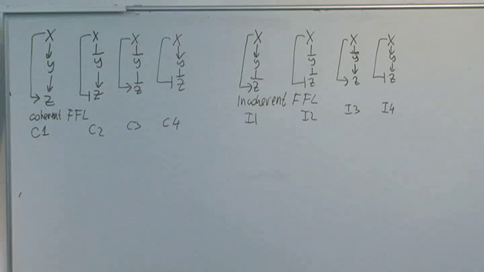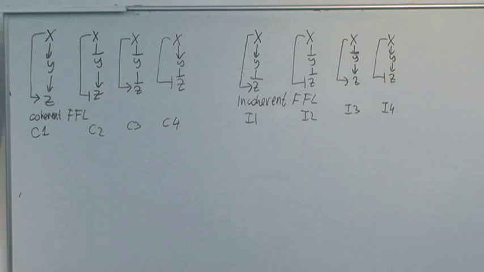Now, I told you that in E. coli, there's about 50-50 plus signs and minus signs. So you could expect, as a first approximation, that all these 8 feed-forward loop types would be present at about the same amounts. But that's not the case.